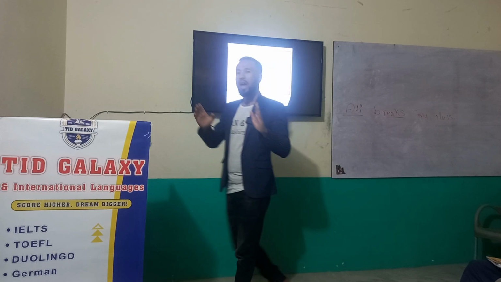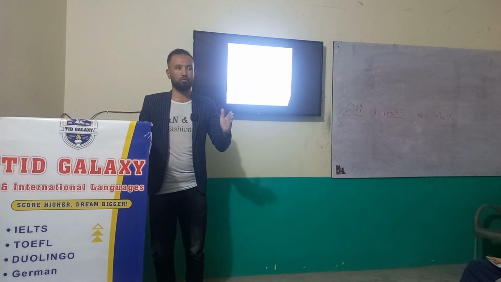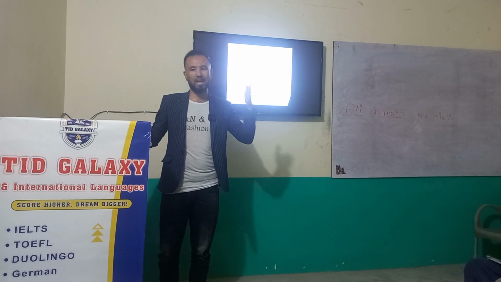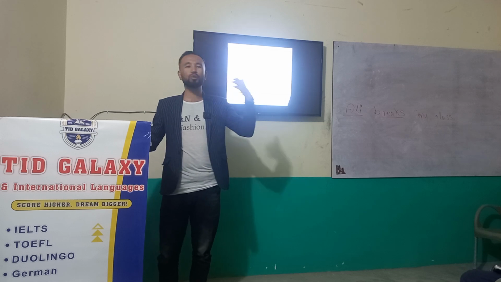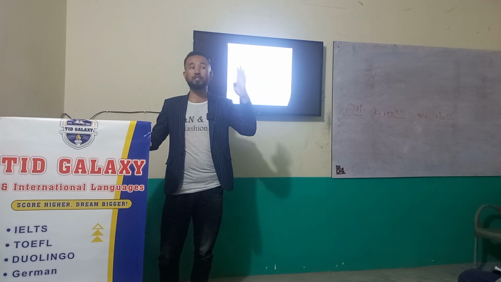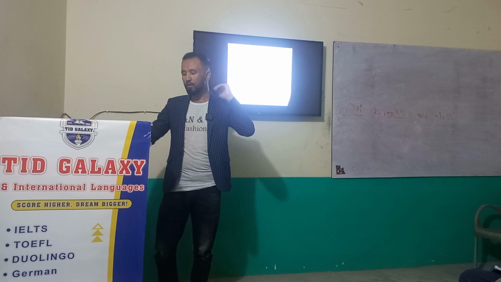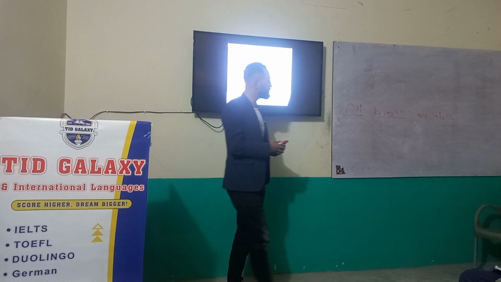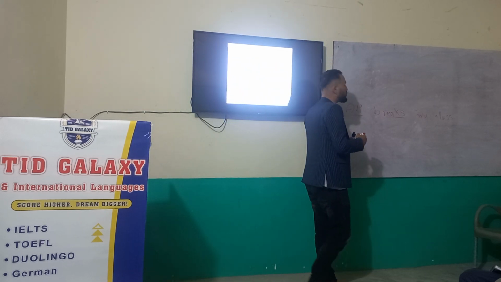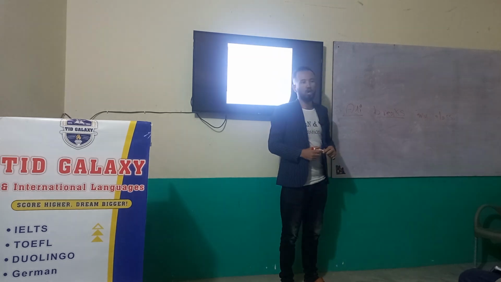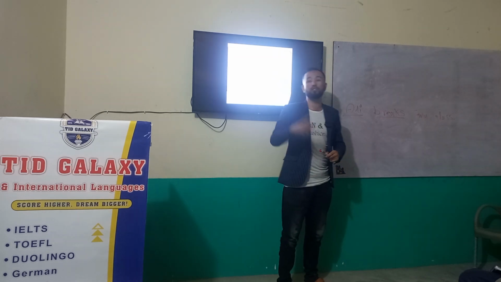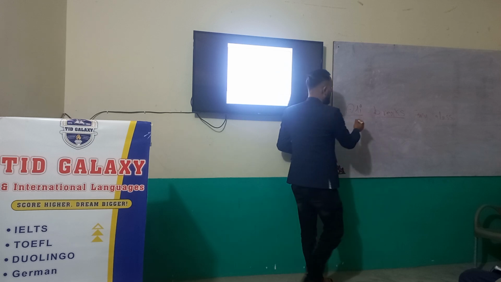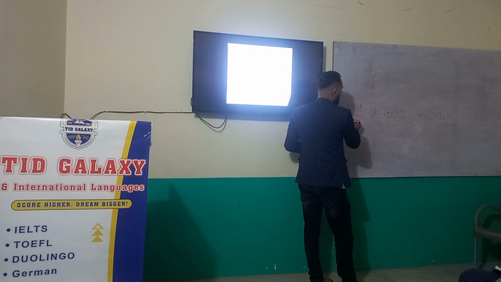So now, how do we use passive voice, or how do we change an active sentence into a passive sentence? There are some rules. First, what should you do? You should find three things in your sentence. Number 1, you should find your subject.